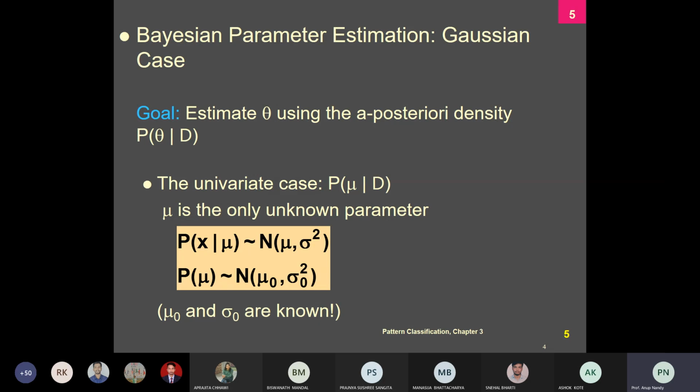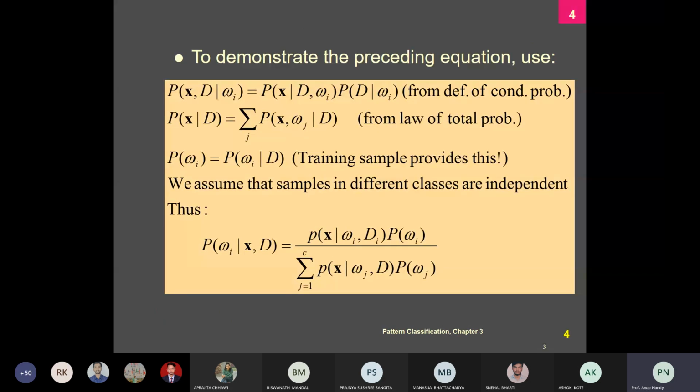If you recall maximum likelihood estimation, we were taking P(D|theta). Here also we are going to estimate theta, using the posterior density and the desired probability density.